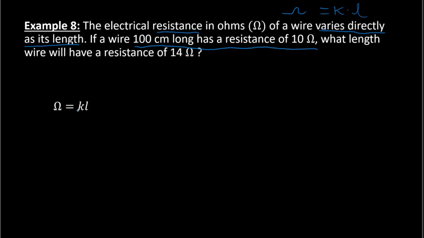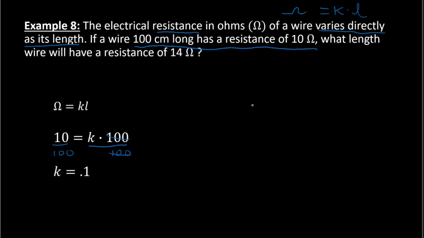So 10 equals k times, and then plug a 100 in for L. So 10 equals k times 100. I can solve this for k by getting rid of the 100 and do that by dividing. So divide both sides by 100. That will cancel. I have k equals 10 over 100, which would give me 1/10 or 0.1. Same thing. And you can keep it as a fraction or as a decimal, whichever is easier for you.